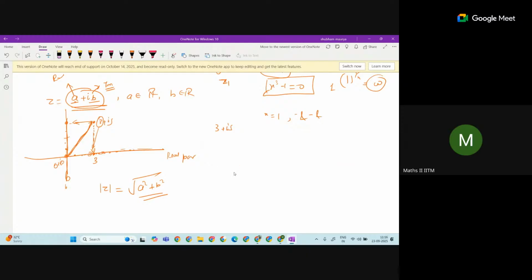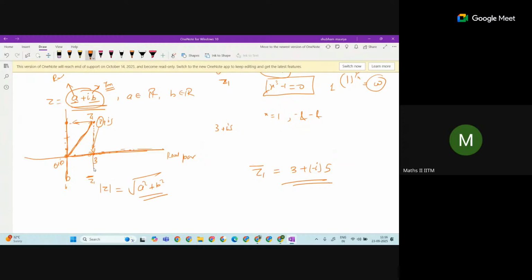The conjugate means a reflection with respect to the real line. Let's say this is my z1. The conjugate is z1 bar, which is nothing but, if you have 3 plus 5i, replace i with minus i, and the 5 remains the same.